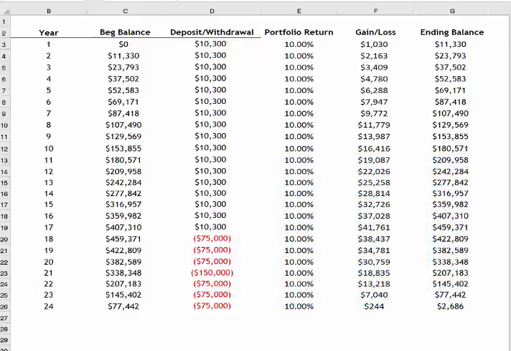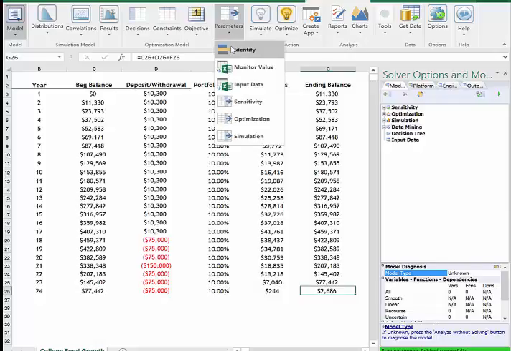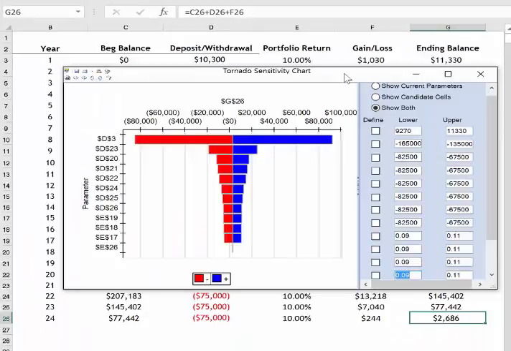To do this, we simply select this cell, in this case cell G26, then select Parameters, Identify. Analytics Solver Platform has traced through all precedent formulas to find the input cells on which cell G26 depends.